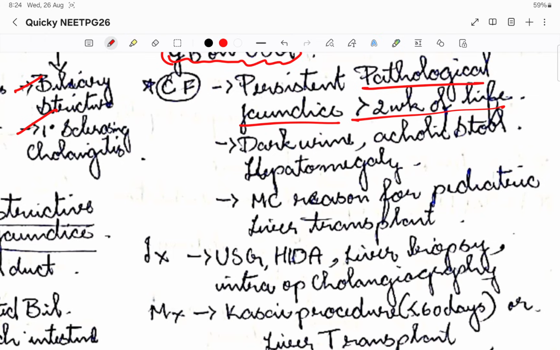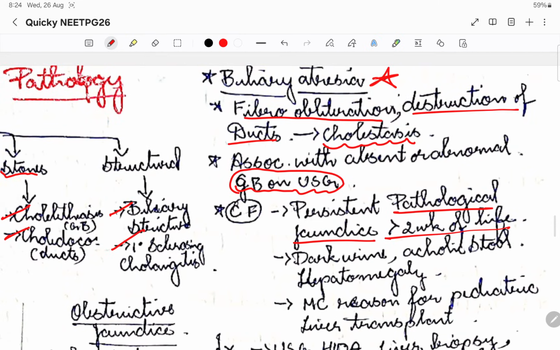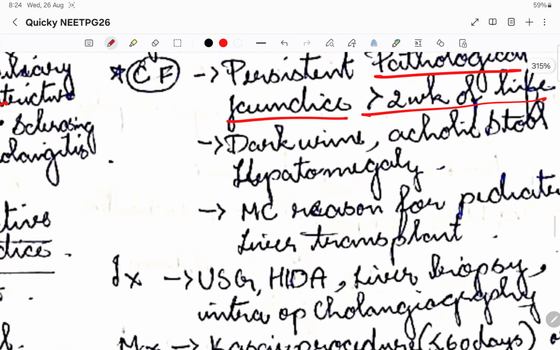For physiological jaundice, we discussed breast milk, but for pathological jaundice, there might be biliary atresia that we should investigate. So the patient will present with jaundice for more than 2 weeks, then dark urine, acholic stool, and hepatomegaly on examination.